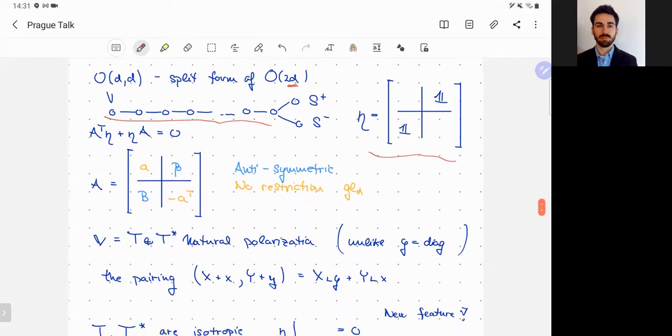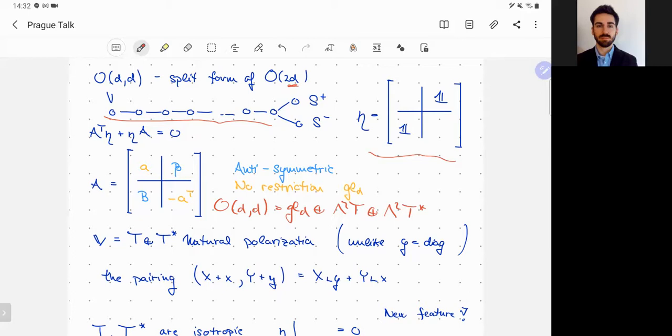It is customary and a very often useful thing to decompose this O(d,d) under GL(d) sitting inside and its representations. So under that, I'm going to write it like this. Especially T and T star. This will come in handy when looking at the E_d group.